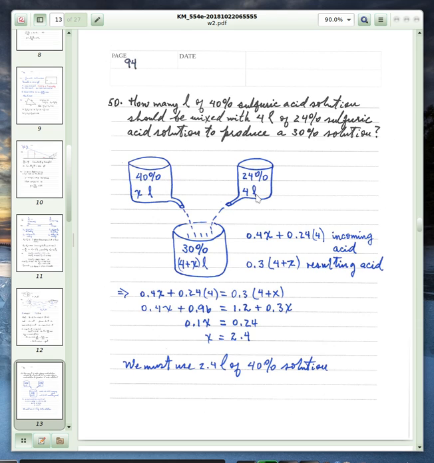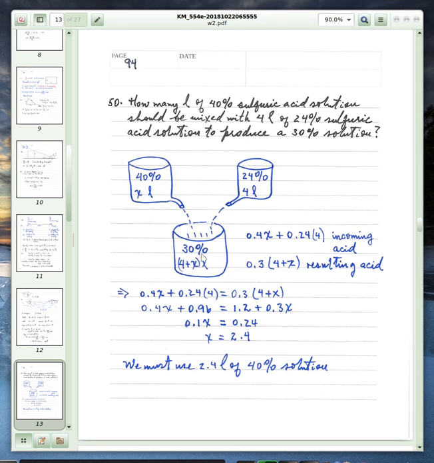Since this solution is 24%, then 0.24 times 4 is the acid coming from this container. So 0.4x is acid coming from this container. 0.24 times 4 is acid coming from this container. It falls here, you mix it.